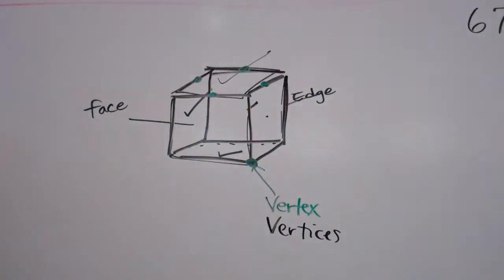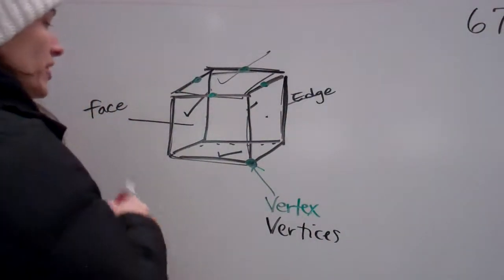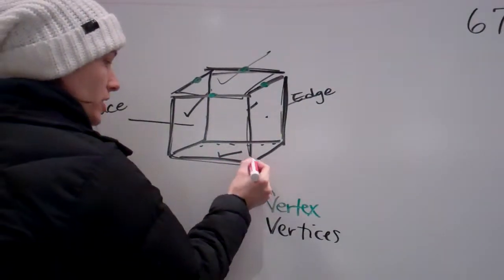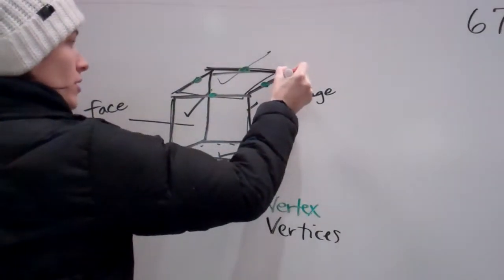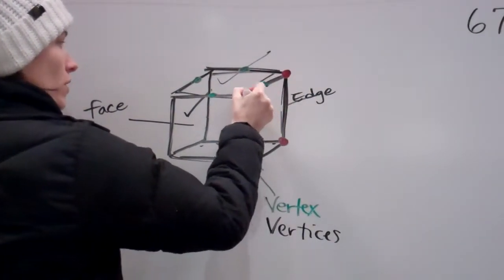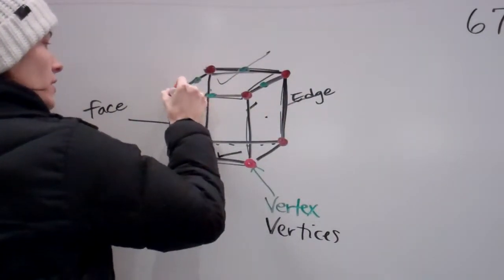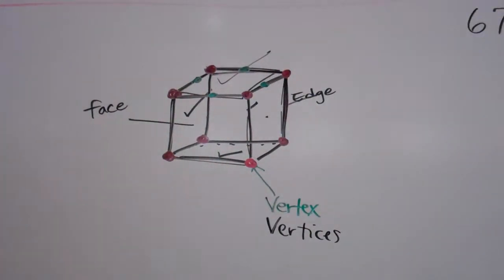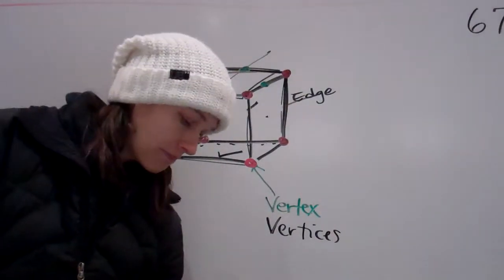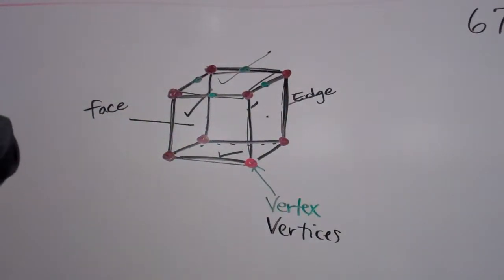Now, how many vertices do we have? I'm going to put them in red to help us. We've got 1, 2, 3, 4, 5, 6, 7, 8. Does everybody see how I did that? Where the edges meet is called the vertex, and it has 8.